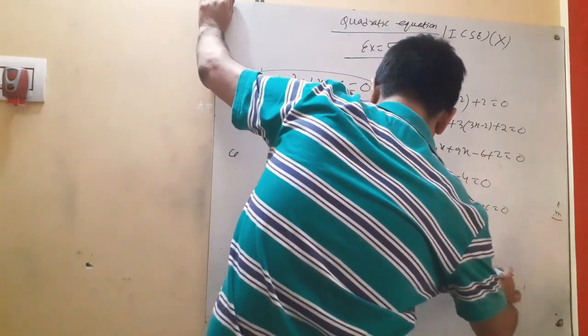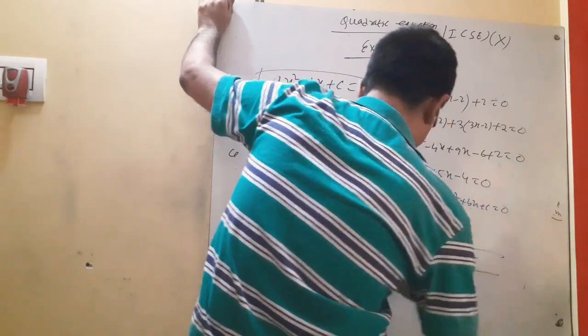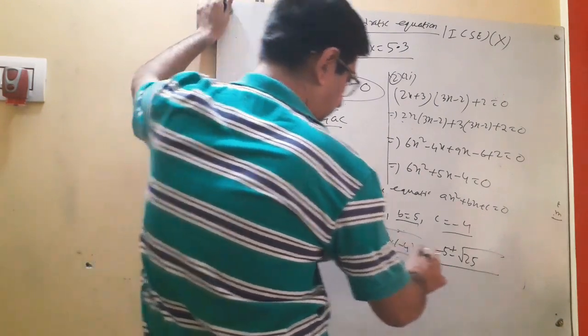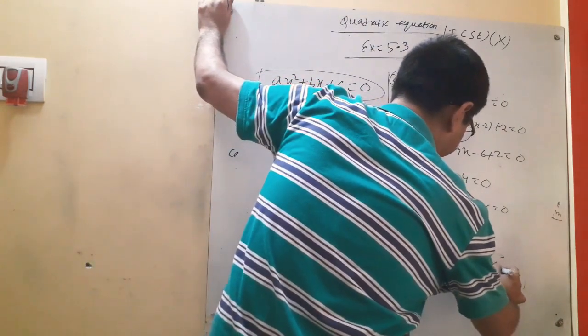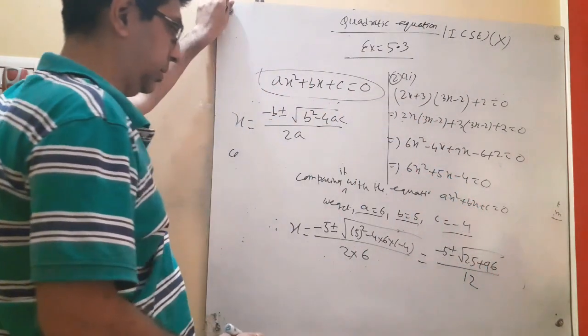That means minus 5 plus minus root of 25 plus 96 by 12, right?